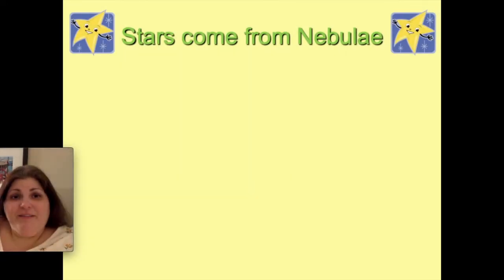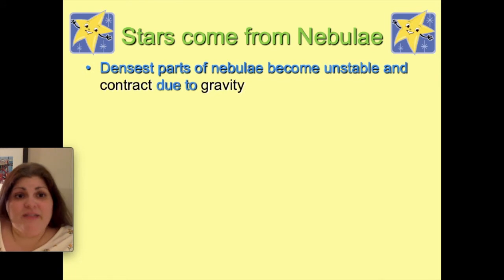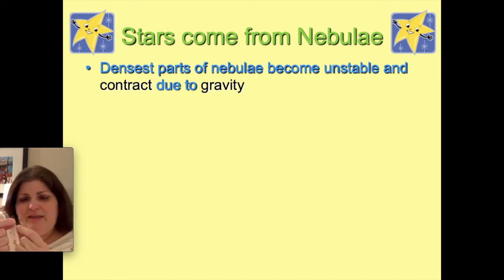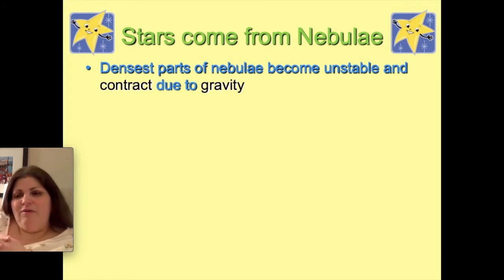A dark nebula doesn't necessarily guarantee a star's formation. Something has to happen to that nebula to make it start to become a star. Within the dense parts of a nebula, something has to happen to make it become unstable. If it becomes unstable and two particles in that nebula get closer together, they now have more gravity, and that gravity can pull in more material because they have more mass.